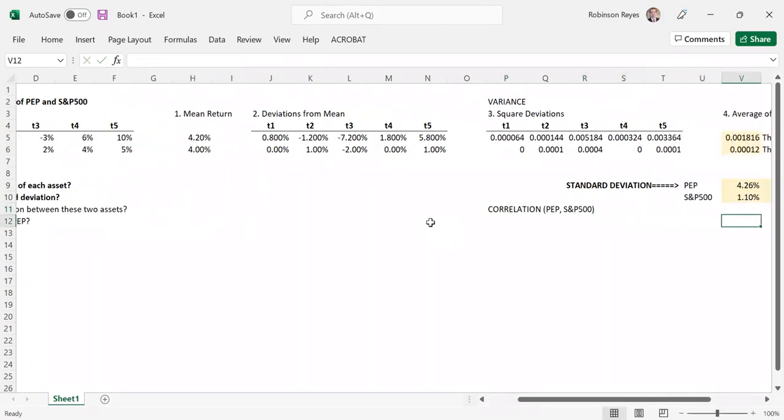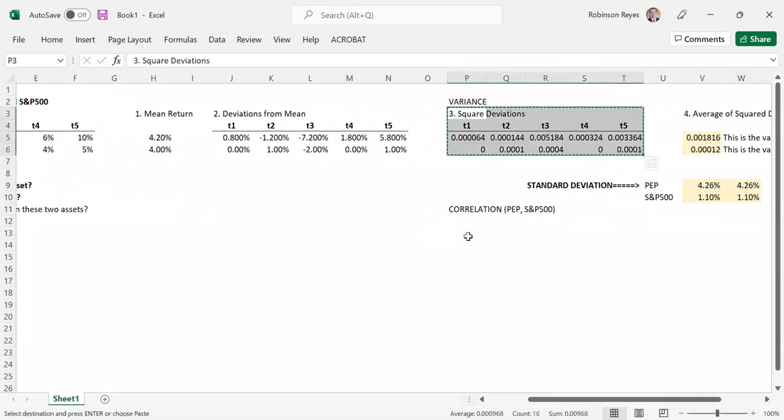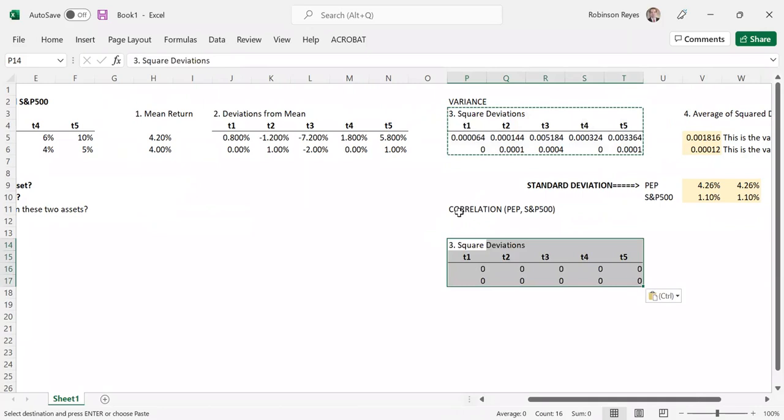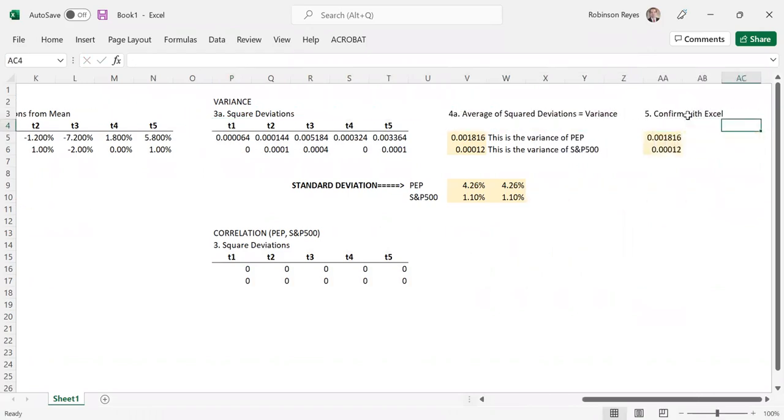And rather than squaring the deviations, I'm going to copy this, and move this a little bit lower. I'm going to call this 3A, this one 4A, and this one 5A.